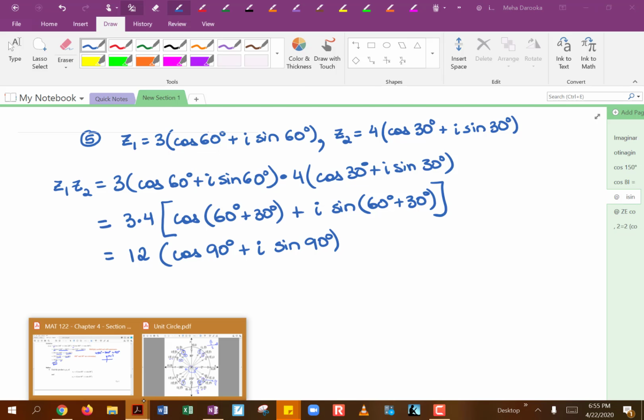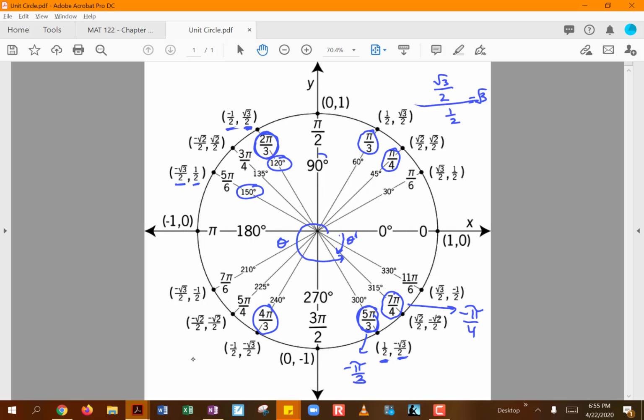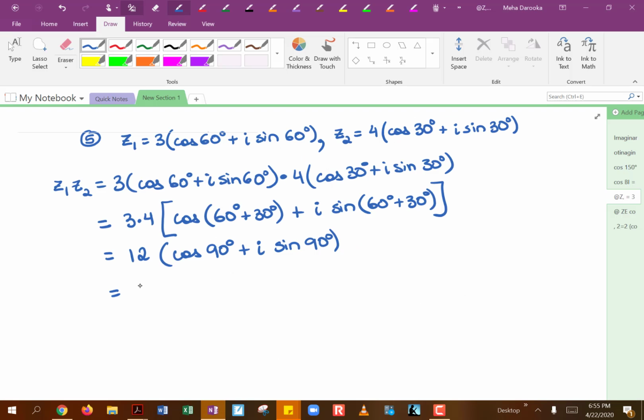And just to show you, 90 degrees of course is again right here at the pi halves, and that will have the coordinates of 0 and 1 for your cosine and sine values respectively.